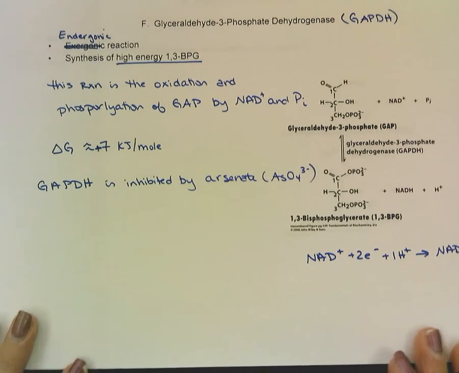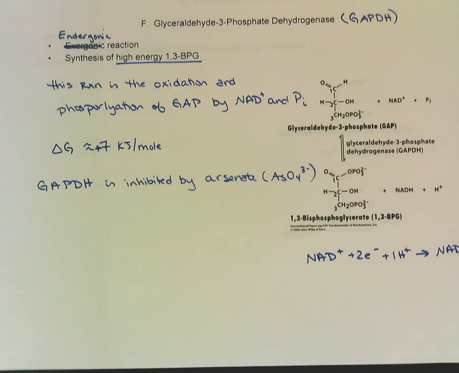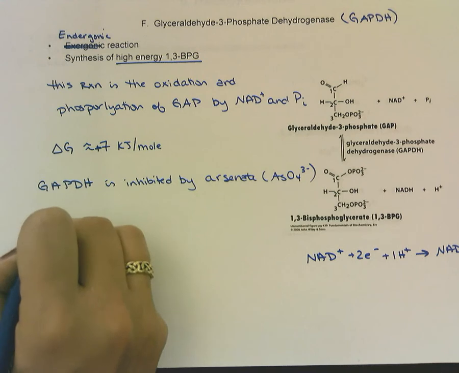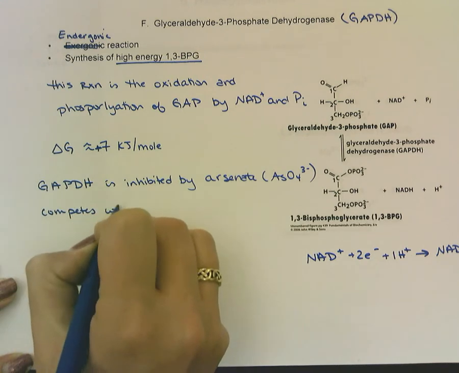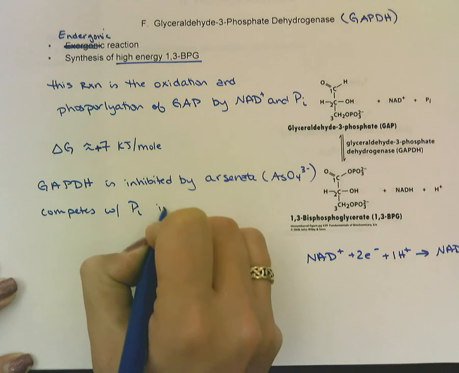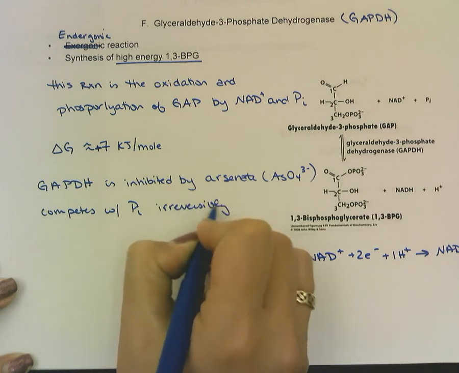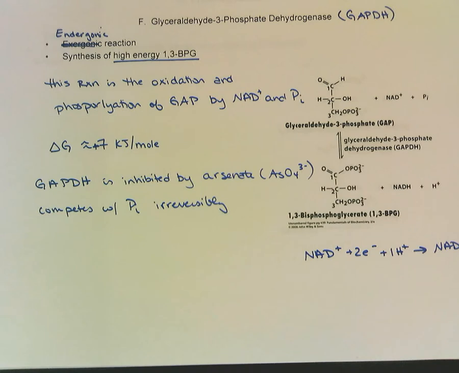A fact that should hopefully never happen in your glycolysis cycle is that GAPDH is inhibited by arsenate, which is the inorganic form of arsenic. If you were going to ingest arsenic, it would be in this form, arsenate. Arsenate turns off this enzyme irreversibly. It's competing with the Pi, the inorganic phosphate.